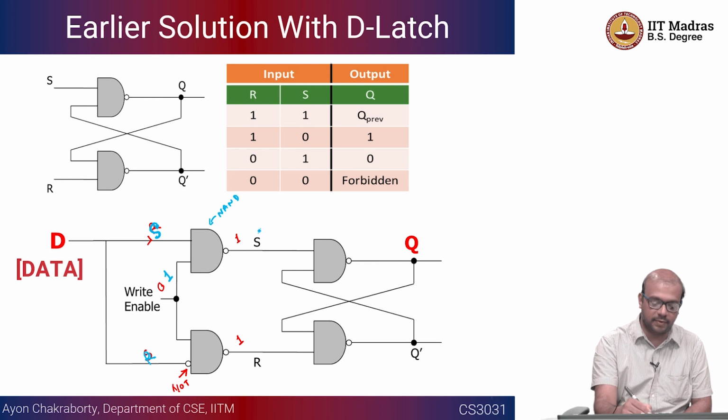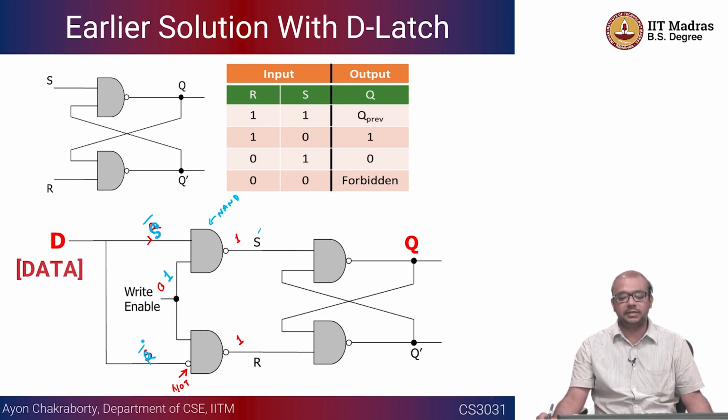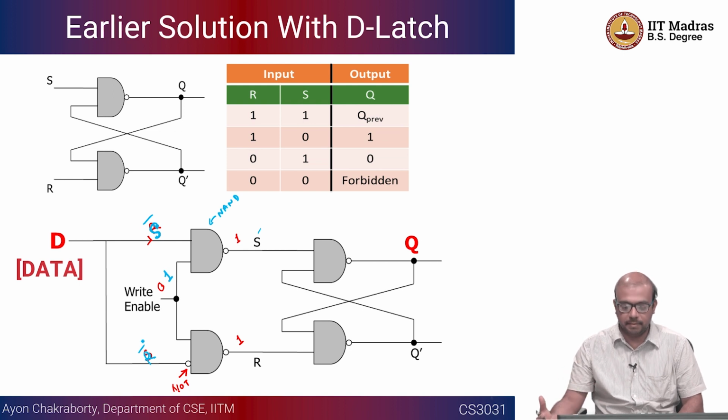So if you have S here, this is going to be S bar. If you have R here, this is going to be R bar. So the nomenclature is a little bit confusing here. Sometimes we call it SR, RS, or sometimes we have inputs as S bar or R bar. So the concept is generally the same.